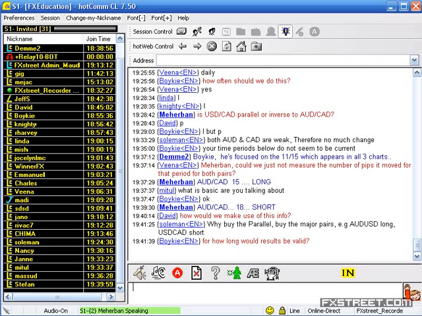But on a one-on-one basis, if, say, Aussie US and USD CAD are both moving 120, 130-ish, then yes, measuring the pips is more precise than the guesswork that I did.